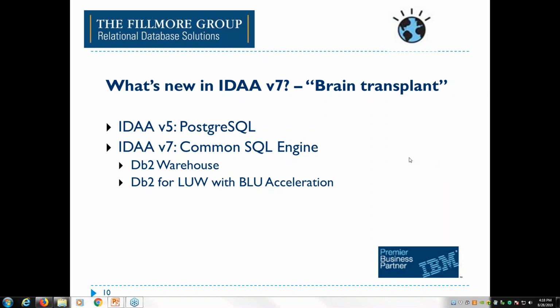If you're familiar with version 5, the data store that was included in the Netezza or the PDA product, the appliance, was Postgres. IDAA version 7 uses what IBM calls the Common SQL Engine, which is another way of saying Db2 for LUW. Also used in other IBM products, Db2 Warehouse and Db2 with BLU Acceleration.